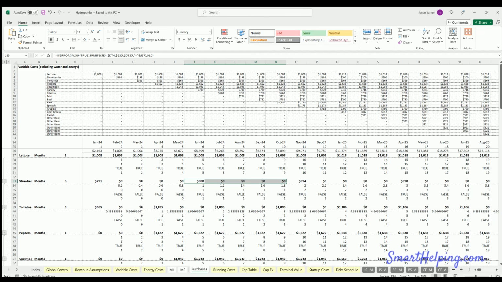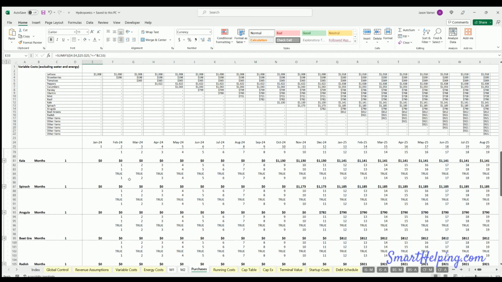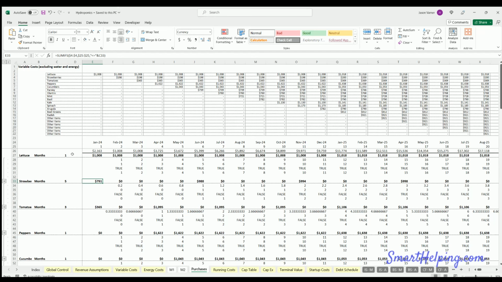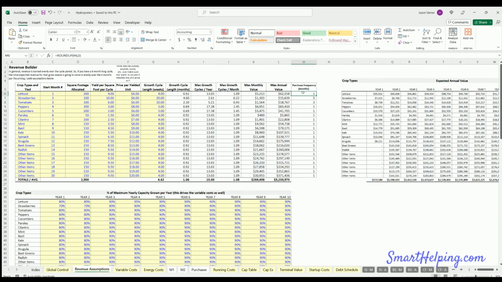You can see what the monthly essentially usage is here in each one, but this is when the actual purchases are made, which is just based on the growth cycle length. Now, if you wanted to override this and just say, well, I just want to do the cost each month as what the average cost is each month based on the total, you could just simply go into your revenue assumptions and put 1 in for each of these.